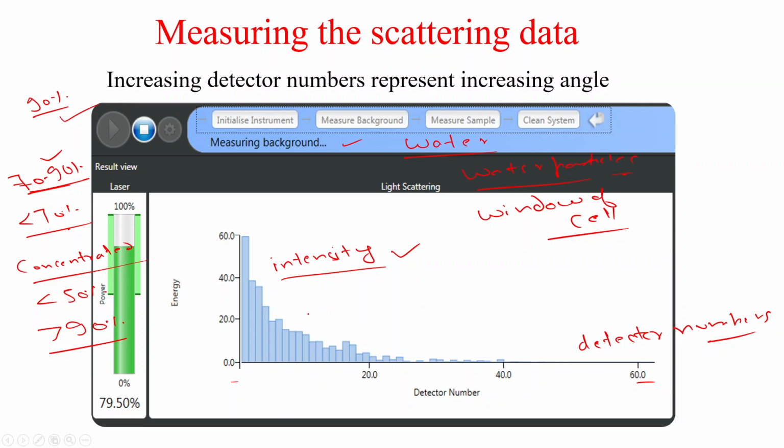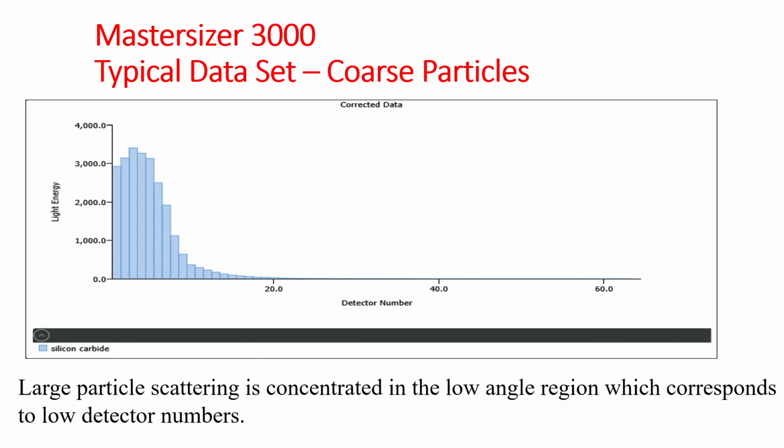So that's the reason. And this background spectrum has to be removed. When we add the sample, it will automatically remove the background, and then we will have the values for the intensity distribution of the particles present in the solution. Now if we have coarse particles in the solution, as I already told, large particles scatter light to lower angles.